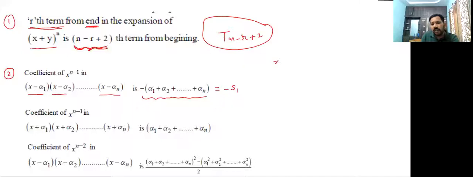See here, (x − α)(x − β)(x − γ). How many roots are there? There are 3 roots. That means this is a third degree polynomial equation. n value is 3, substitute here.